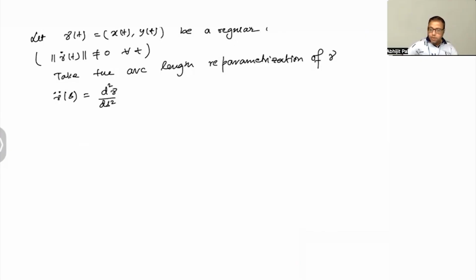Now, by the previous lecture, this d2 gamma ds2 is nothing but equal to gamma dot t times vector product of gamma double dot t with gamma dot t, divided by norm of gamma dot t to the power 4.